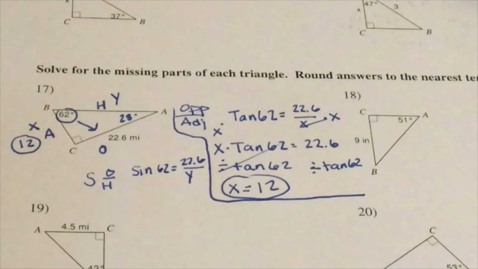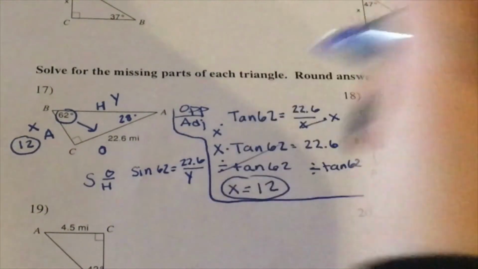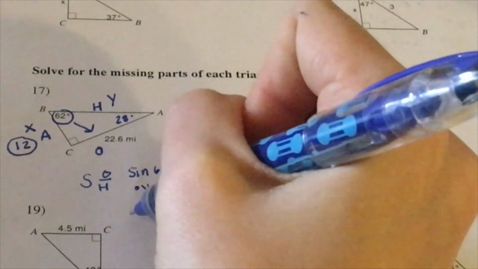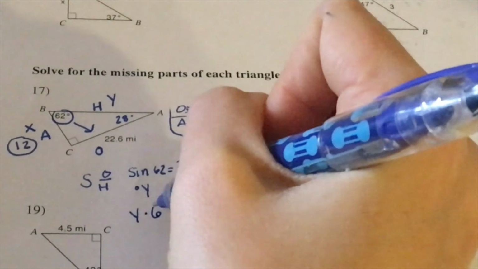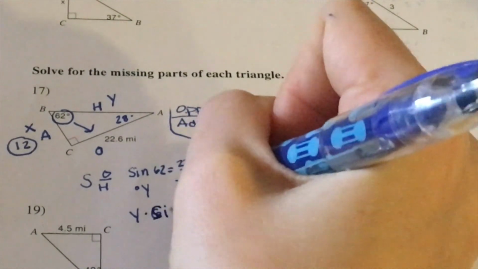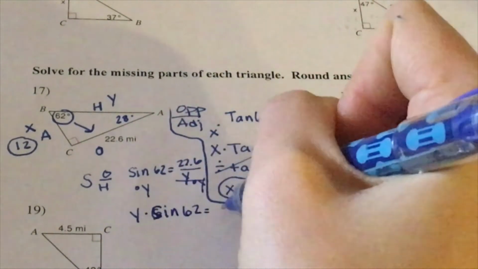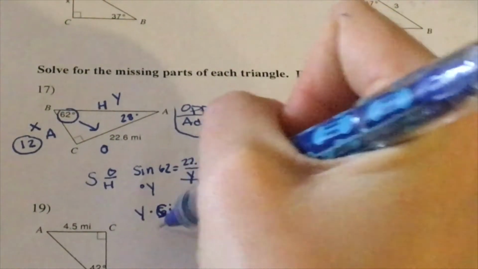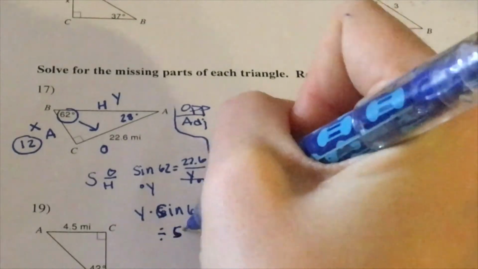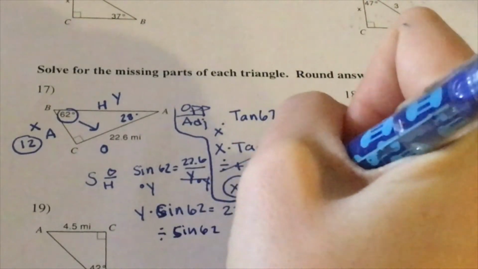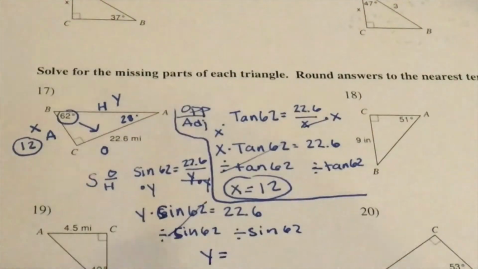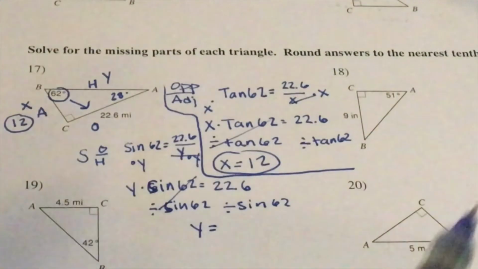They really did not give you enough room to figure this out. Sorry. So if I multiply by y on both sides, I get y times the sine of 62 equals 22.6. And I divide by the sine of 62. And I get y equals 22.6 divided by the sine of 62.